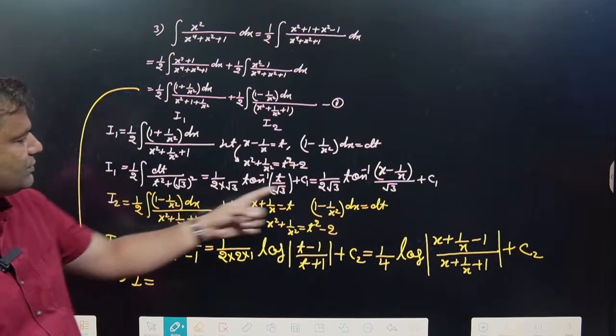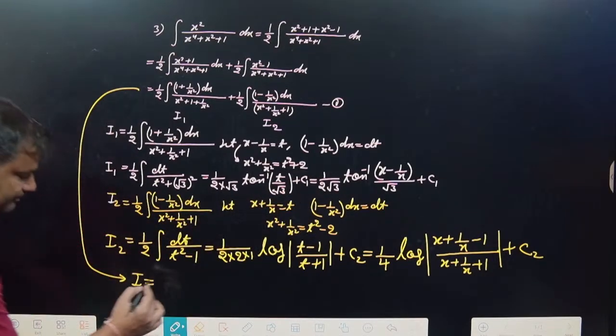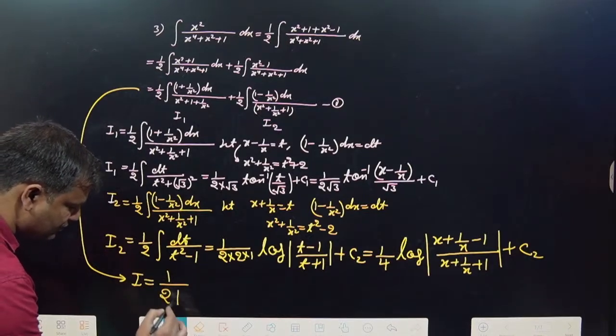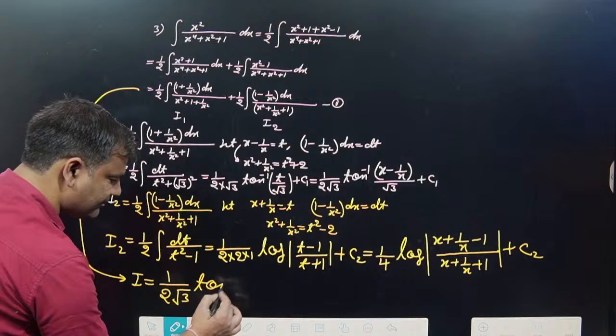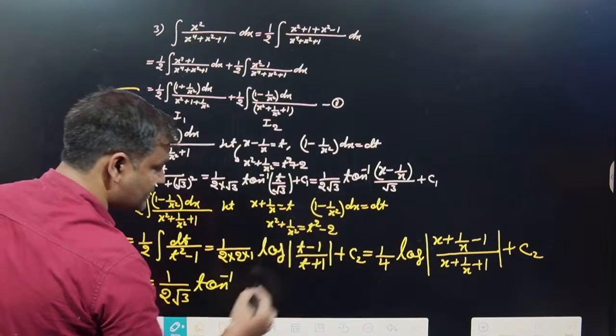Here 1 upon root 3 into tan inverse. After simplification we got how much?